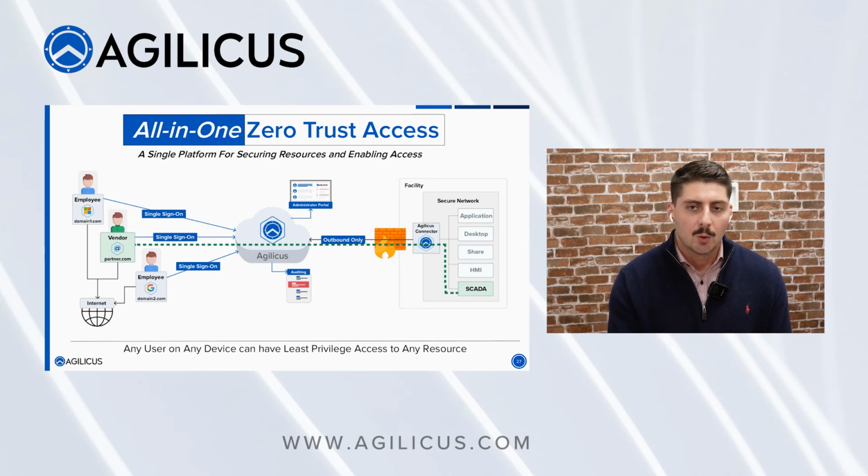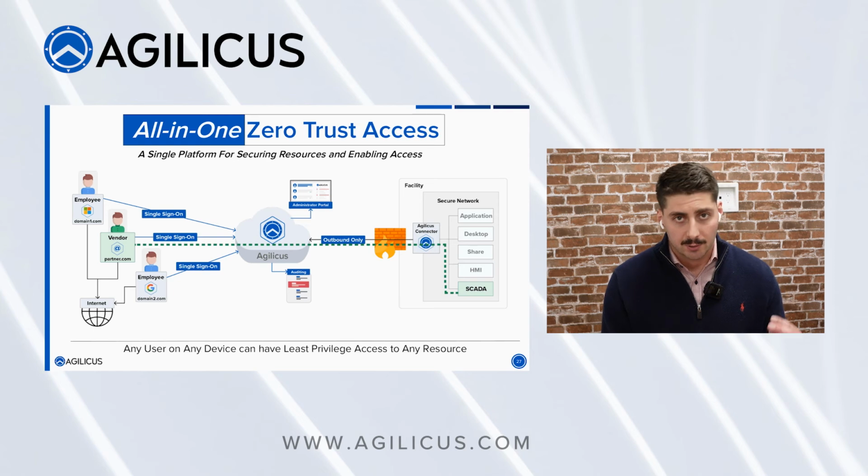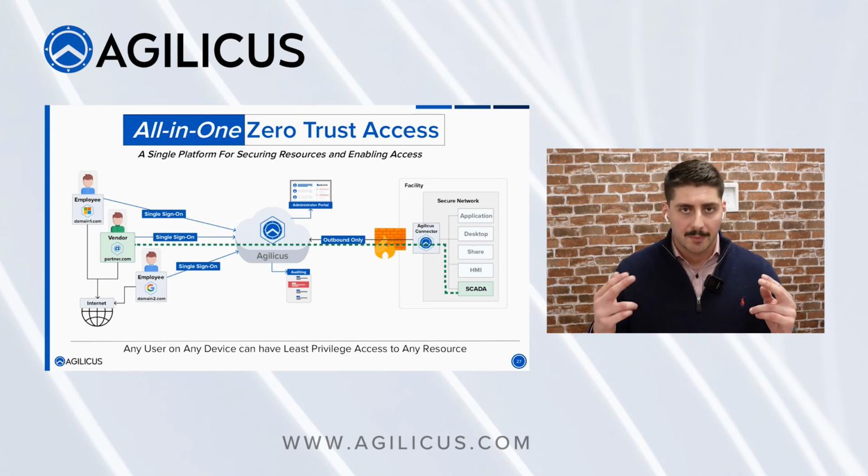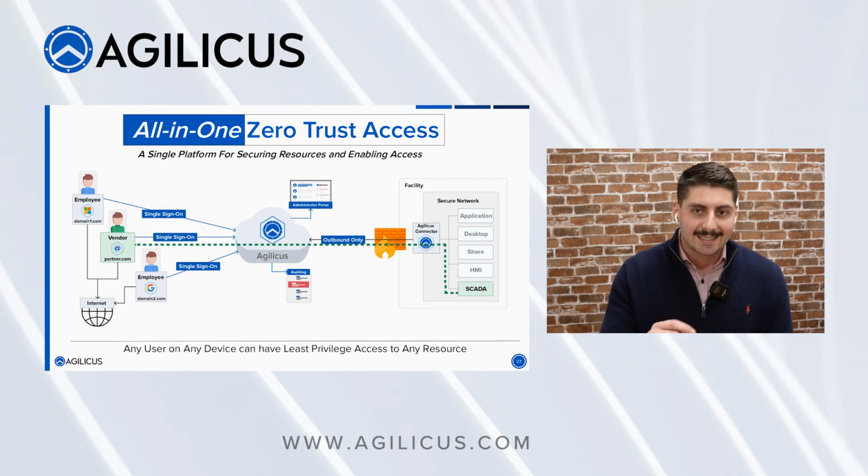At that point, we take two outbound only connections, one from the web browser, one from the site, and we splice those together to make it look like that user was directly on that network accessing something without ever having an inbound connection into that network. So a user only accesses the single resource that they need to access without ever being directly connected to that network.